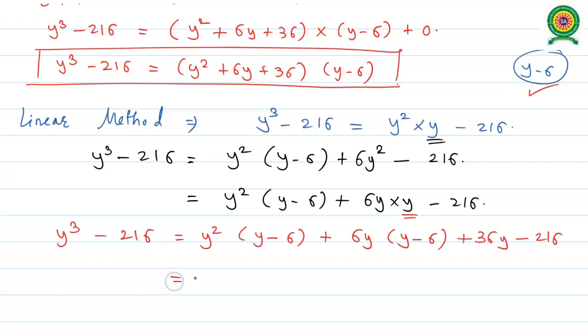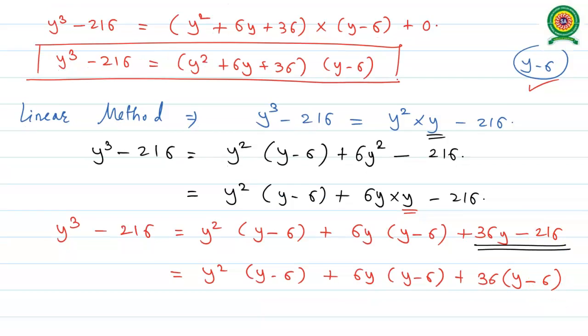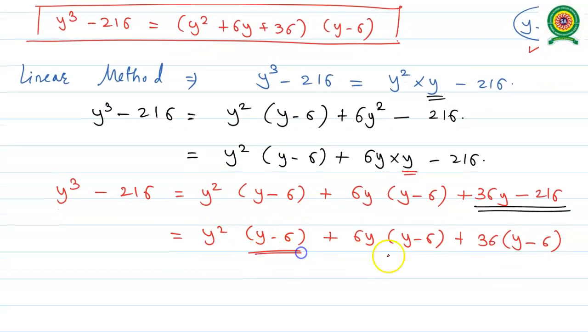Now look carefully once: y square as it is, y minus 6 as it is, plus 6y into y minus 6. Now from the last two terms, taking 36 common, we get 36 times y minus 6, since 36 times 6 is 216. Now we can easily take y minus 6 outside from every term.